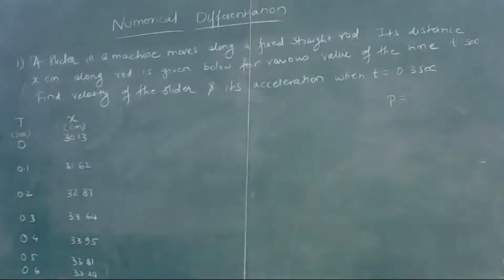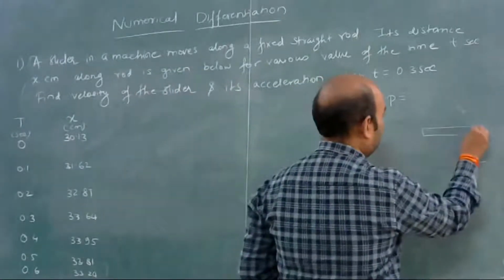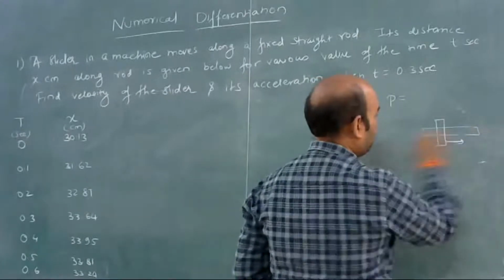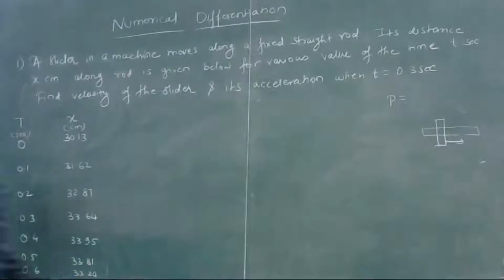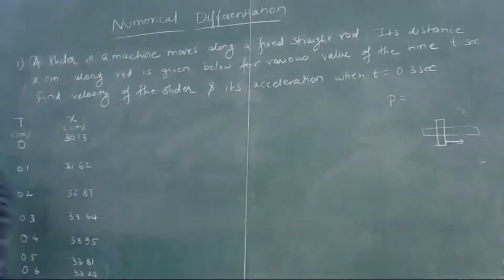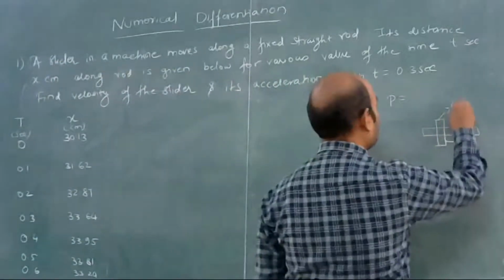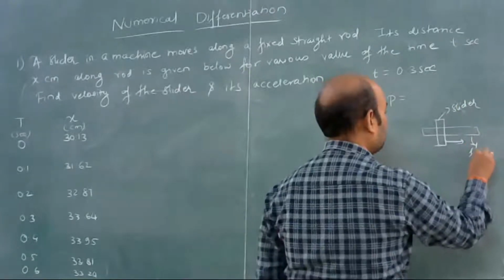Okay, so there is a slider, so there is a rod, so this is a rod and there is a slider, okay, so which moves along this rod. Okay, so you have to find the value of the velocity and acceleration of this slider. Okay, so this is slider, so which is sliding, and this is fixed rod.